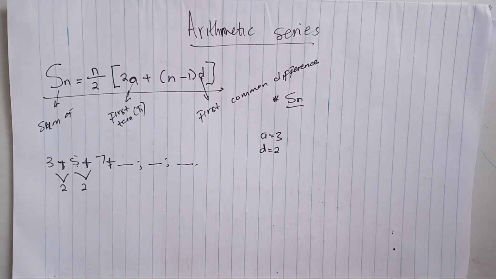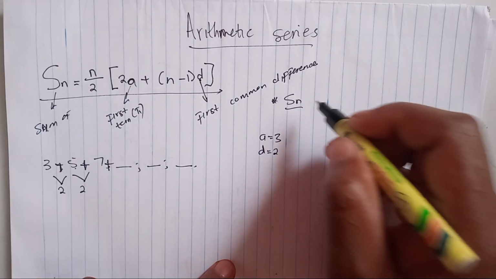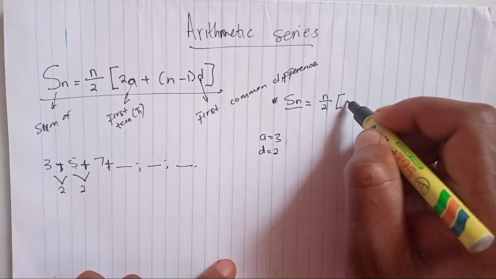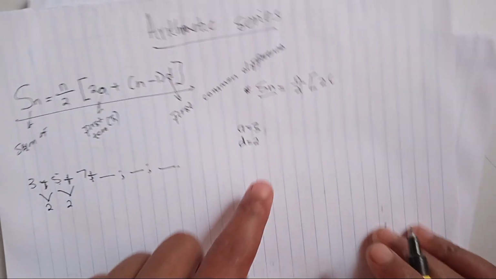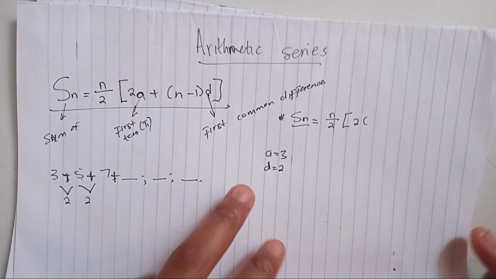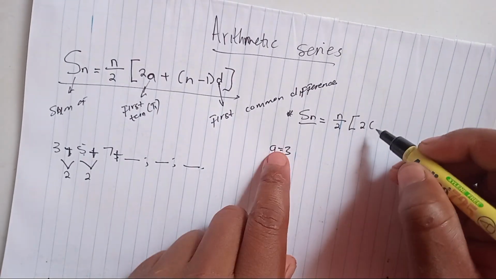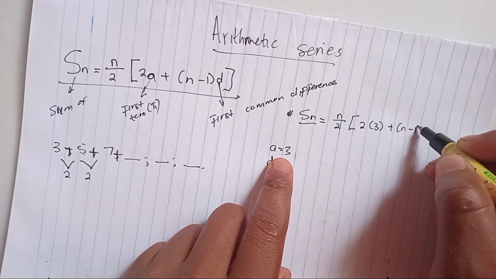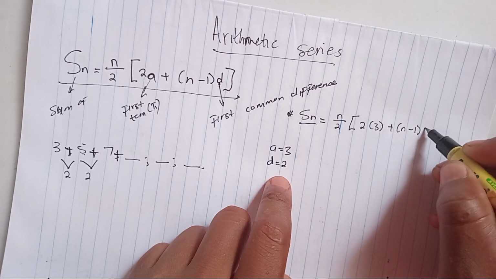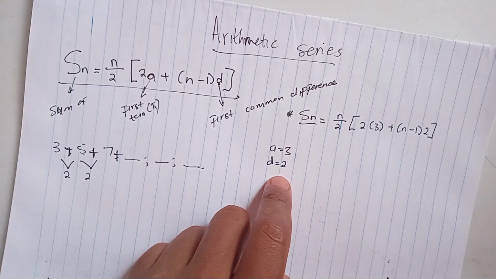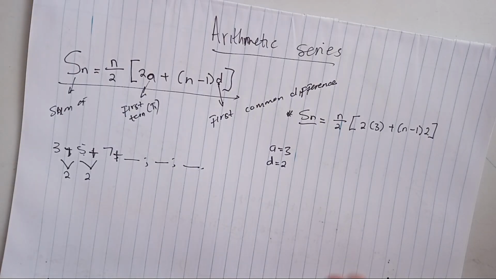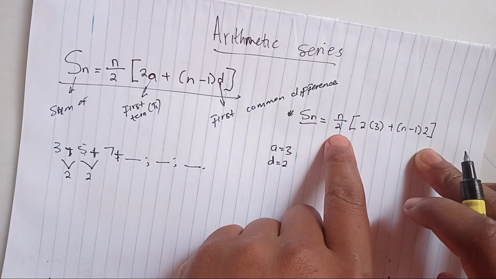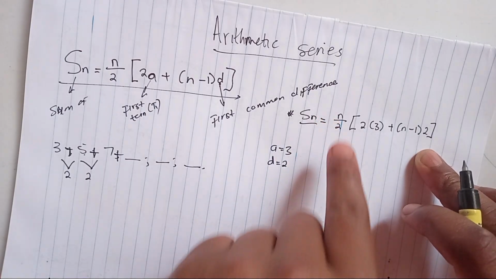And it's common. So let's get Sn. Sn is equal to n over 2 into 2 times a. The first term is 3, plus n minus 1 times the difference, which is equal to 2. And then you simplify from there. We initiate by simplifying inside the brackets before we multiply everything by n over 2.